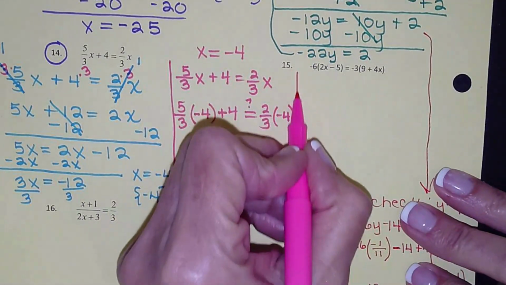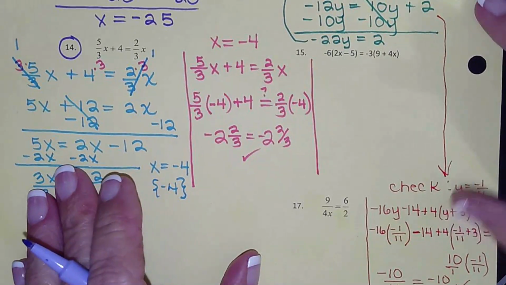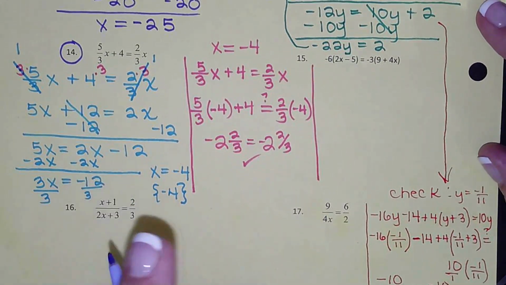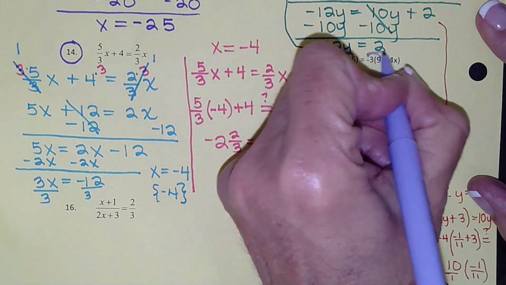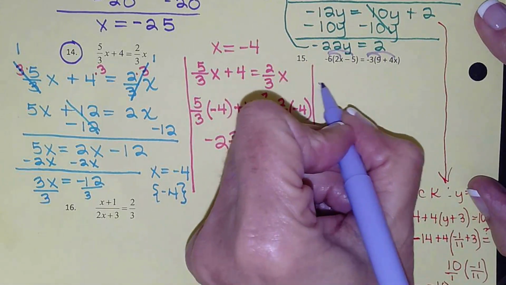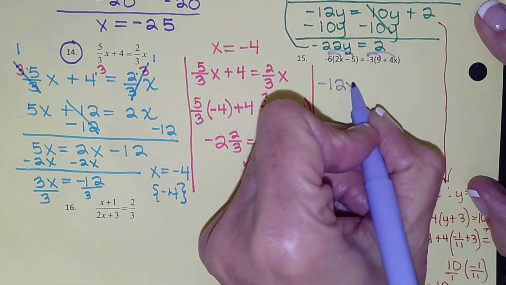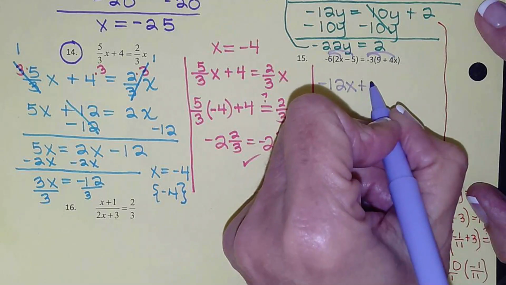Okay, so next we have one with some parentheses we have to get rid of first. So we have -6 times 2x, which would be -12x. And we have -6 times -5, which would be +30.